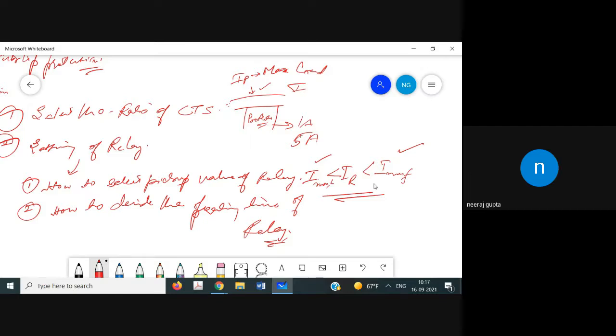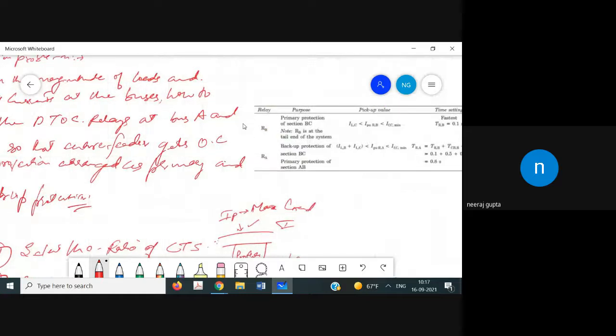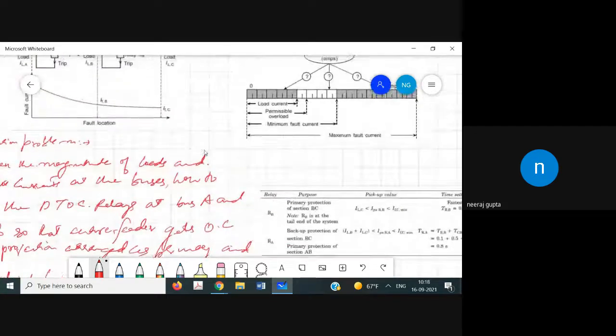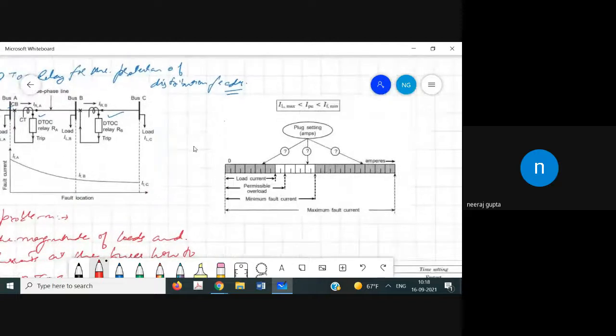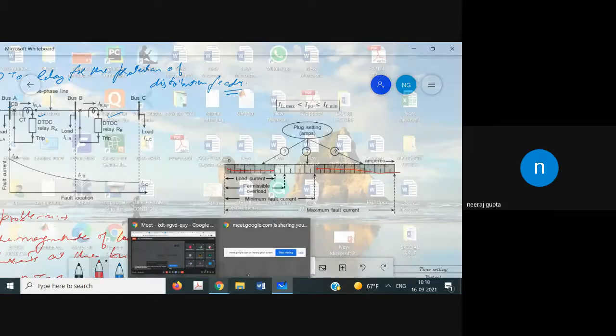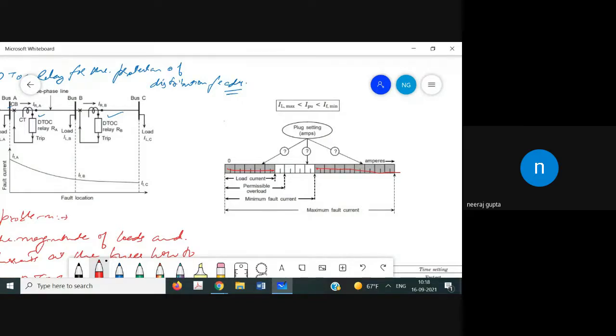This can be explained with the help of this diagram. Let us suppose that this axis represents the current. This is the load current up to here, and after this the fault current occurs. It is only the current which decides whether a fault occurs or not; a high value of current gives us the indication that a fault has occurred. Let us suppose this is the minimum fault current, this is the maximum fault current, this is the load current, and this is the rated load current.